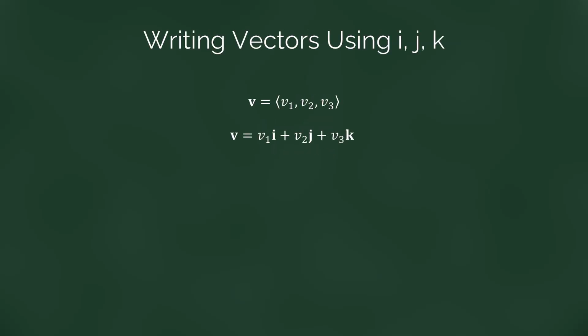Using i, j, and k then, any vector of the form v1, v2, v3 can be rewritten as the vector that is the sum of v1 times i plus v2 times j plus v3 times k.